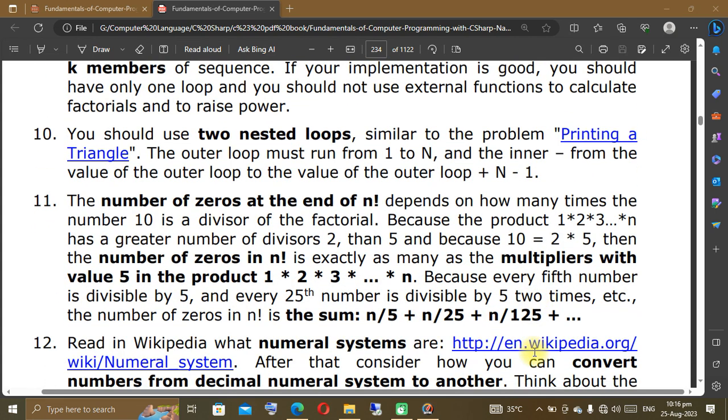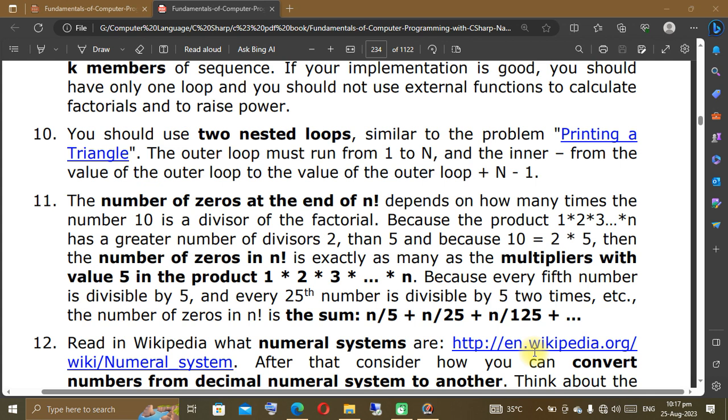The number of zeros at the end of n factorial depends on how many times the number 10 is a divisor of the factorial.